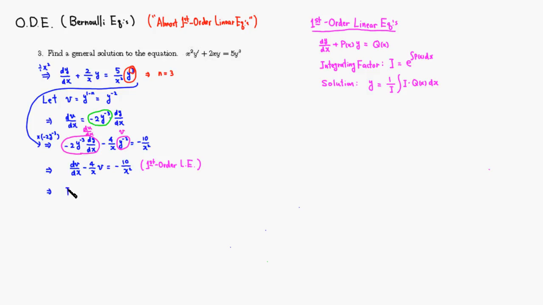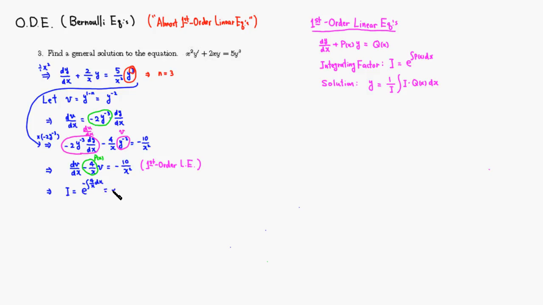So I is going to be equal to e to the integral of p of x, which is sitting right here. This is our p of x. So we have a negative 4 over x with respect to x.